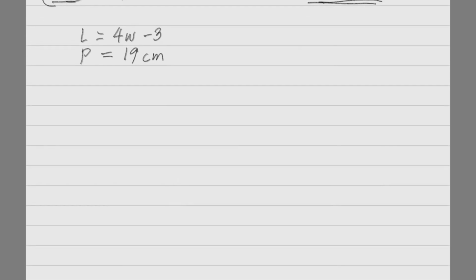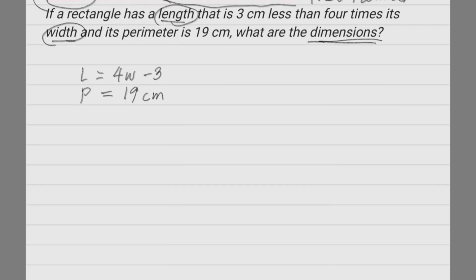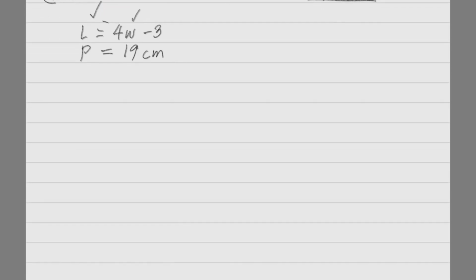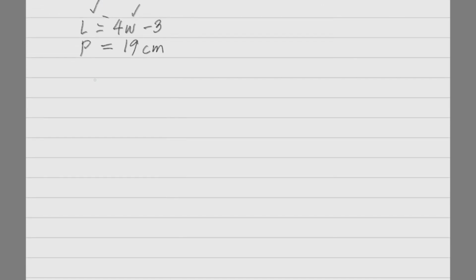Now, our target is to get again the value of L and W, right? And we will do that using the equation for the perimeter. If you remember, perimeter is the sum of all sides of the rectangle or any shape.